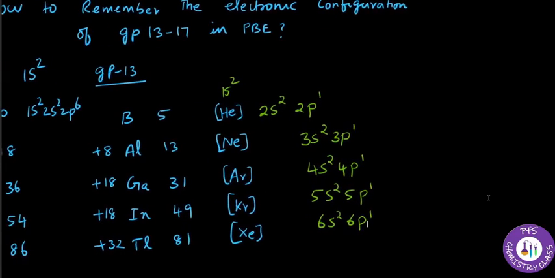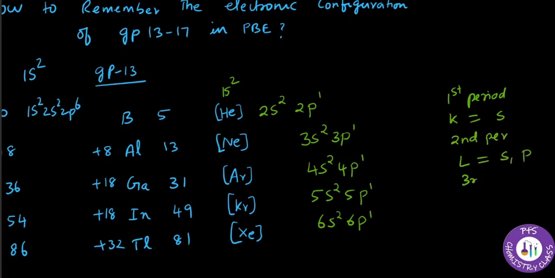After this, we have to remember one more point. In the first period you will have the K shell, the first shell, with one orbital. Then the second shell has 2 orbitals.